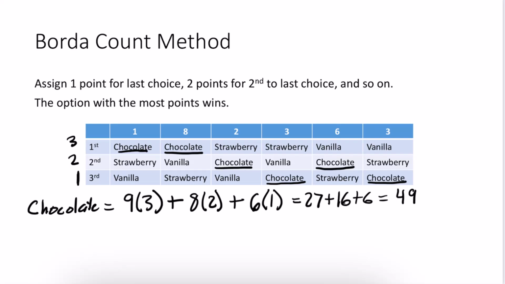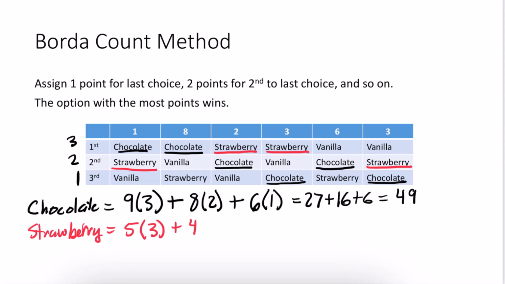Then I'll go through and do the same thing for strawberry. And I'll say, okay, well, let's look at how many first choice votes strawberry has. That flavor has 2 plus 3 first choice votes, so that's 5 votes for first choice, and each one of those gets 3 points. Then my second choice votes for strawberry are 1 person here and 3 people here.